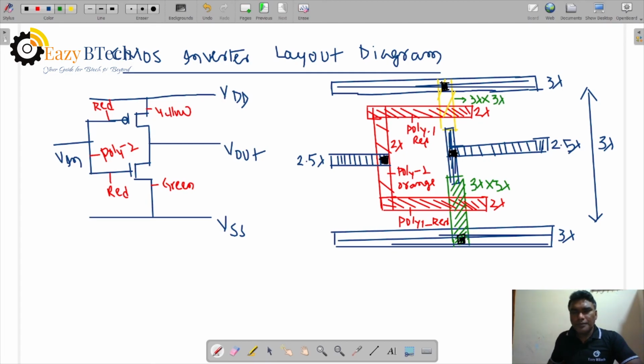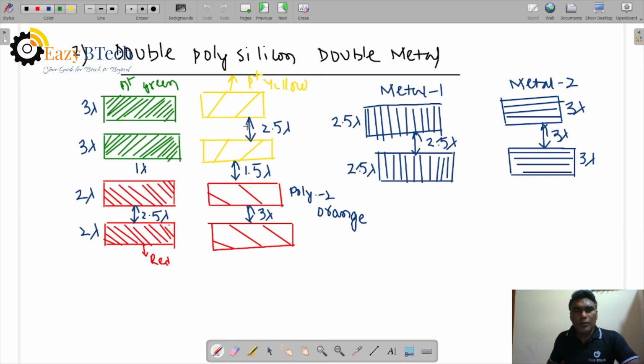So for separation, poly 1 to poly 1, the minimum separation is 2.5 lambda. You can see this one. Poly 1 to poly 1, 2.5 lambda.